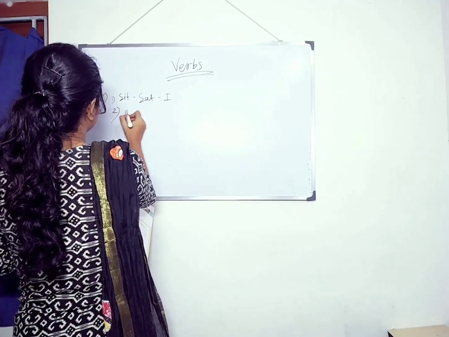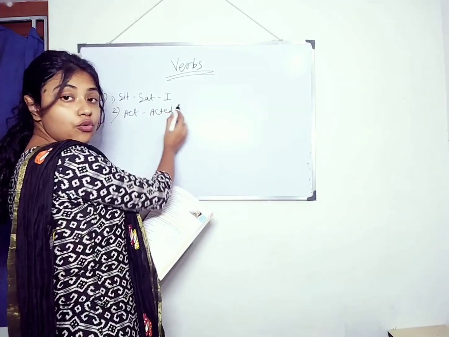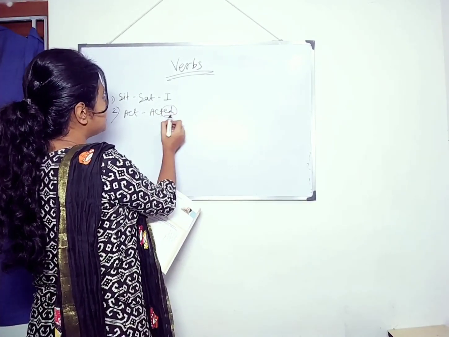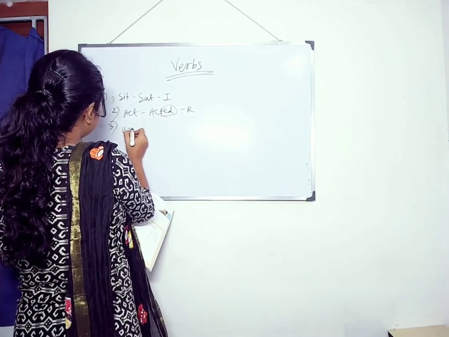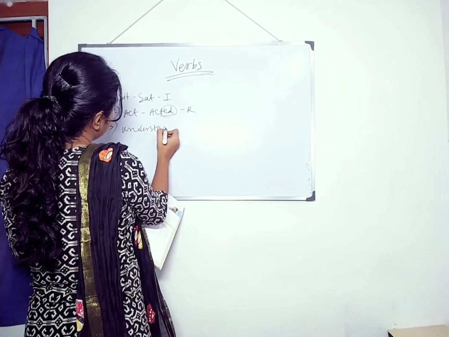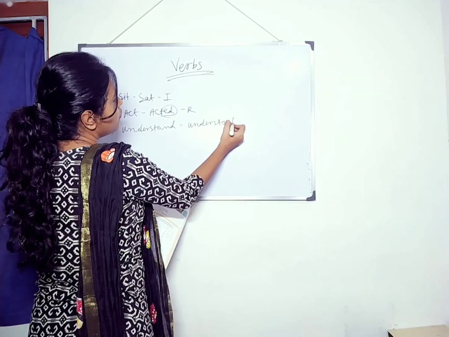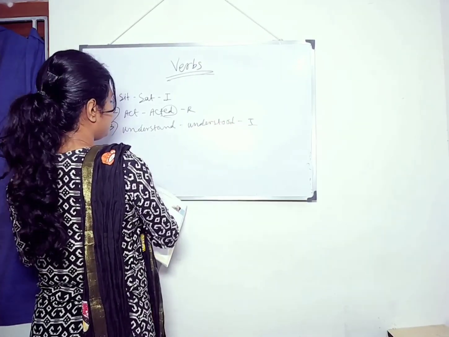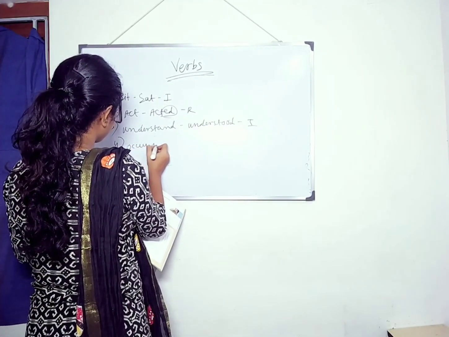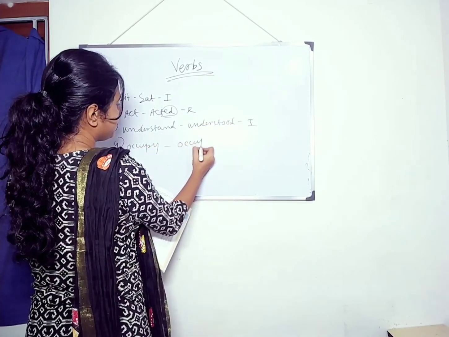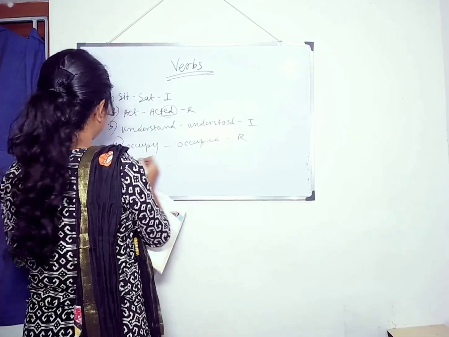Second is act. Act will become acted. It is following the rule, so ED is there, and it will be regular. Understand will be understood, so it will be irregular. Number 4, occupy, occupied, following the rule of the regular verb, so regular.